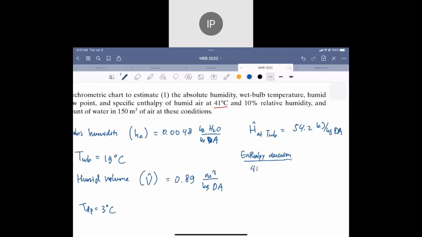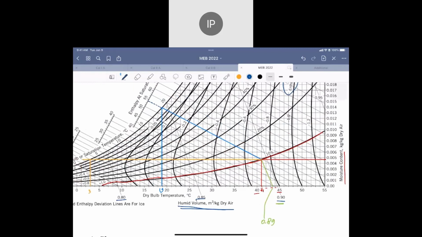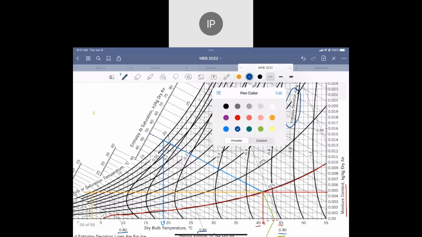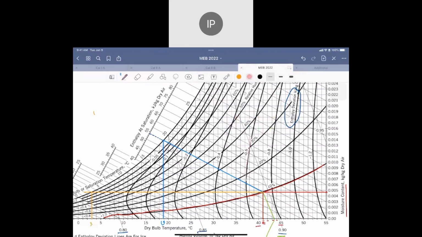So 41 degrees Celsius and 10% relative humidity is our subject. And then the enthalpy deviation corresponds to, if we see our subject, this will be in between these two lines. Let me write in a different color. Because this is precisely the deviation, the one that we want to calculate.